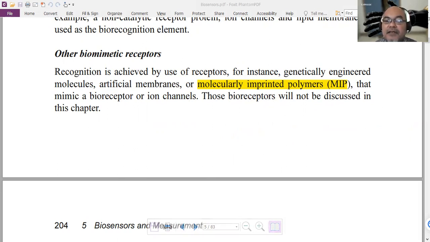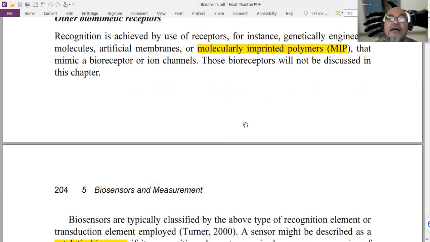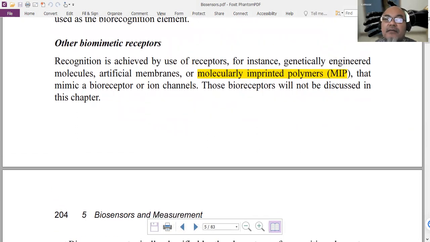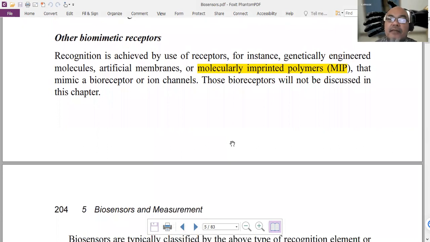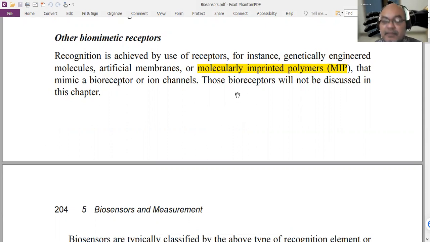Last week I also mentioned MOF, metal-organic framework. It is a complex three-dimensional structure which is made from metal oxide or metal, and they form a three-dimensional structure. It can bind or function similarly to an enzyme, for example.